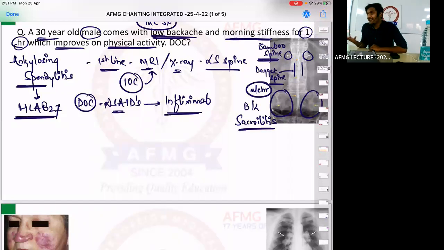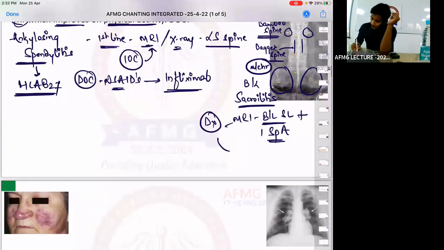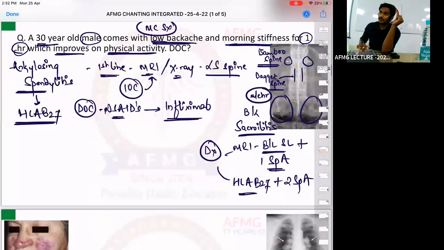If any one of you is interested in the diagnostic criteria for ankylosing spondylitis, please remember: MRI should show bilateral sacroiliitis along with one spondyloarthropathy feature, or the patient should have HLA B27 positivity along with two spondyloarthropathy features. That is the diagnostic criteria.